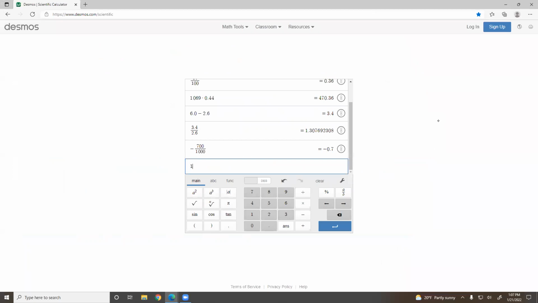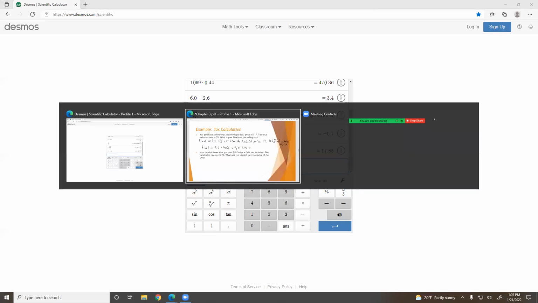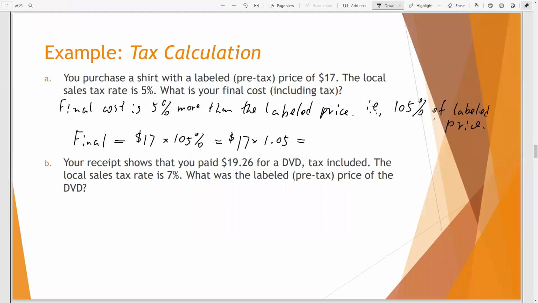Right, now we use the calculator. 17 times 1.05. That's $17.85, where the 85 cents is your amount of tax paid. So that $17.85 is what you paid at the end.